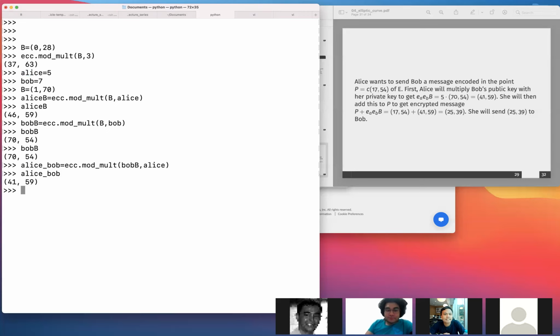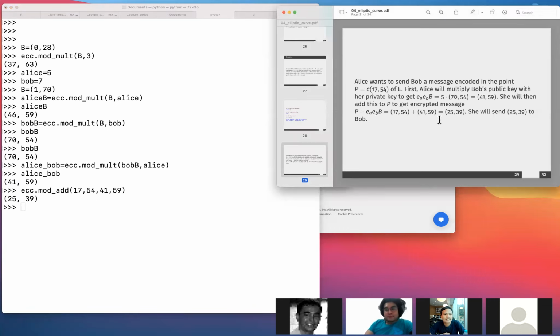So you get this 4159, and then you add it to the message. The message is P, so we have ECC dot mod add, x1 is 17, y1 is 54, and then the Alice Bob point 4159. So you get this 2539. This is the one that you send to Bob.